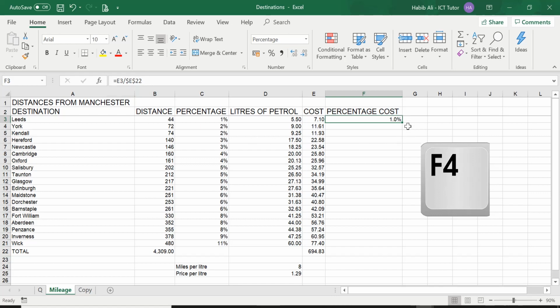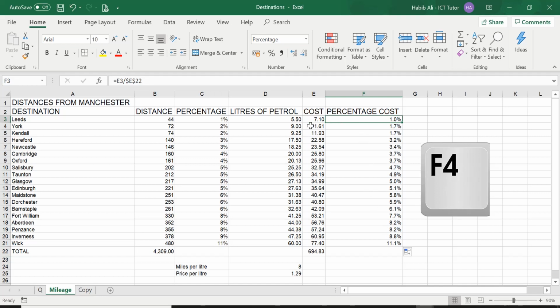So now if we replicate all the way down, let's see what happens. There we are. So now we have worked out the individual percentage cost for each one of these destinations. So £7.10 is 1% out of the total cost, and so on.